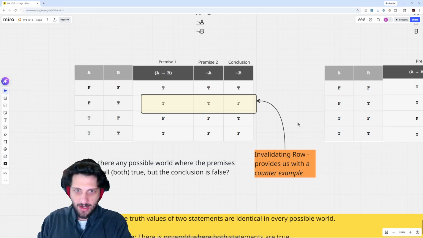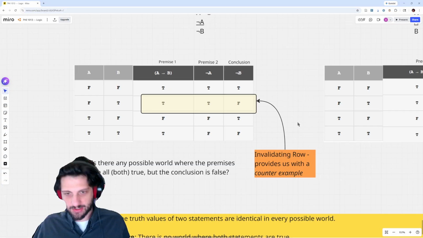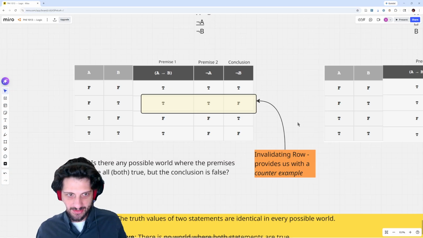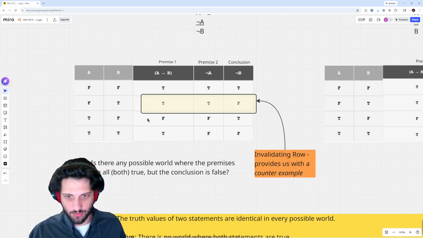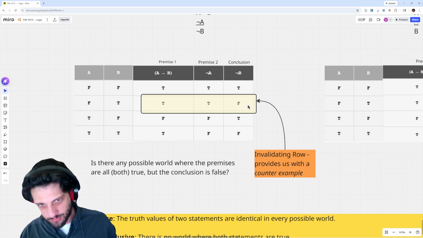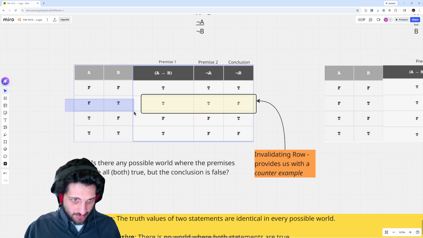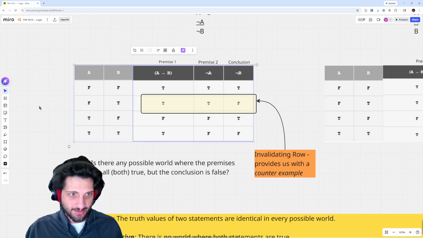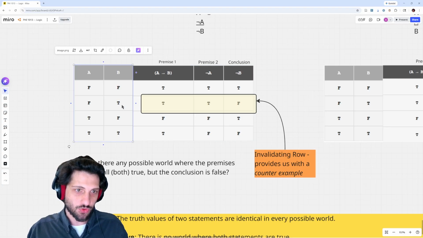When we say that something is valid, we're saying anytime our premises are true, the conclusion has to be true. So a counterexample is a situation in which I can show you your premises both can be true, but that doesn't mean your conclusion is true. And more specifically, I can tell you what that world looks like. I can say, well, suppose that A was false and B was true.